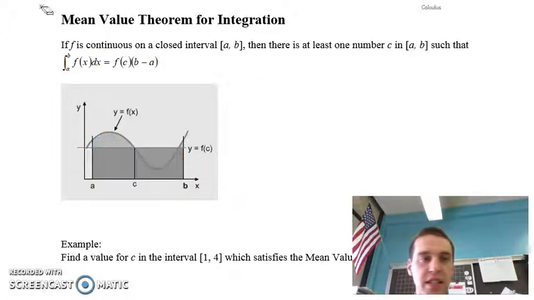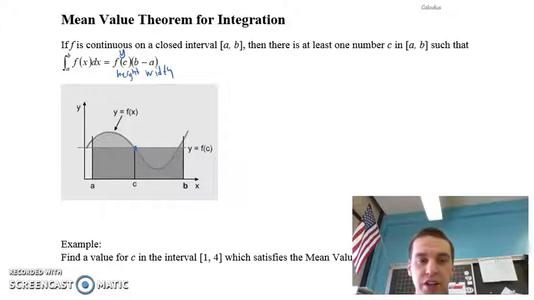What that's saying is that that area under the curve can be represented by a rectangle that is drawn. f of c is a y value. Right here would be that y value. That's the height multiplied by the width, which is the a to b, or length. I don't care which one you call it, but you got height multiplied by width.